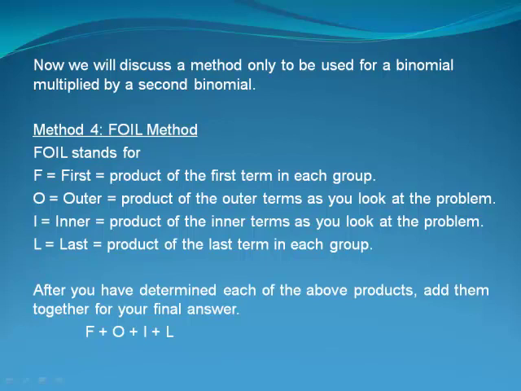O stands for outer, which is the product of the outer terms as you look at the problem. I stands for inner, which is the product of the inner terms as you look at the problem. And L stands for last, which is the product of the last term in each group. Then after you've determined each of those products, you do add them together for your final answer.